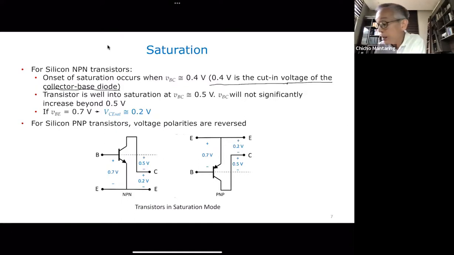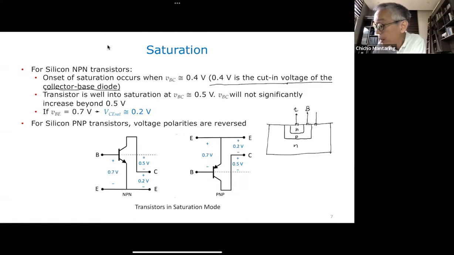If you recall the typical construction of your NPN transistor, I have my N, no? That's my emitter. Then I have my P, which is my base. So this is your planar construction. And then this is going to be another N region.